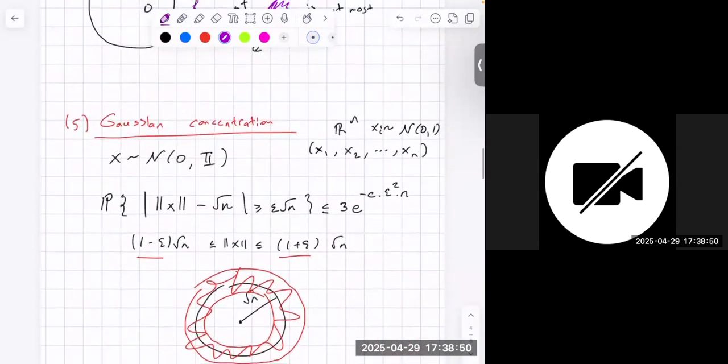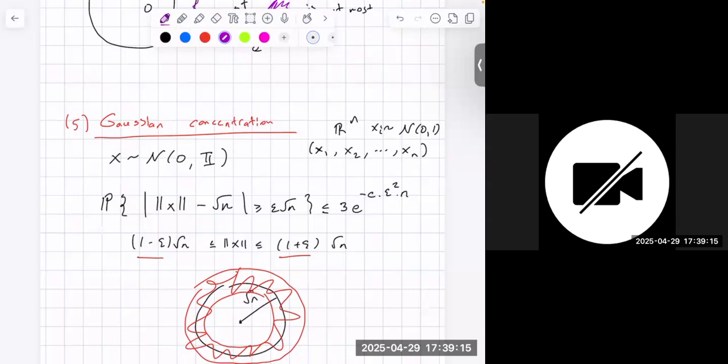My claim in Gaussian concentration was this being around root n is bounded by 3 times what I was just writing there. And there I cheated. I only did one part, not the absolute value, but it's symmetric. So I end up doing the same proof twice, and that's the bound you get. Okay. So the proof is basically go through the moment generating function, do your computations, you end up getting the result.